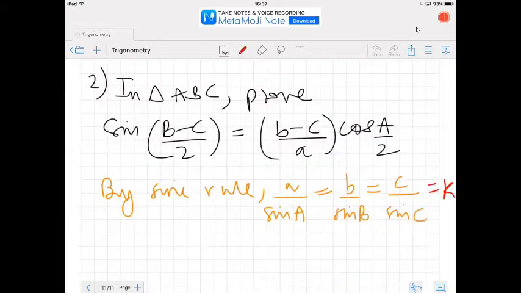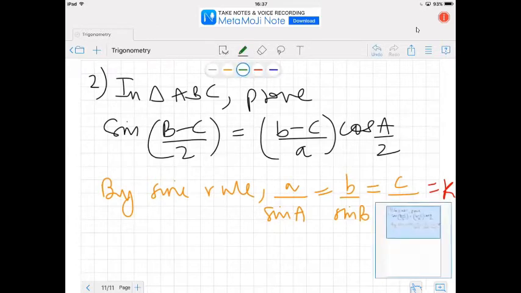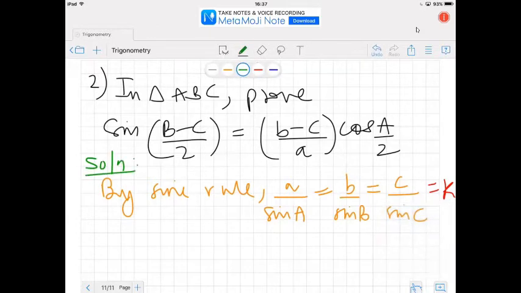So I was talking about the second sum, and the sum says that we have to prove that in a triangle ABC, sine of (B minus C) by 2 is equal to (b minus c) upon a into cos of A by 2. So to start the solution, I'm going to use the sine rule. According to the sine rule, we know that small a upon sine A is equal to small b upon sine B, that is equal to small c upon sine C. And I'm assuming that ratio to be equal to k.